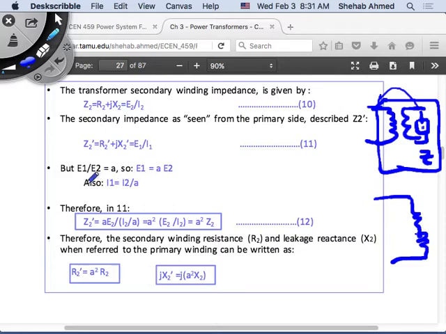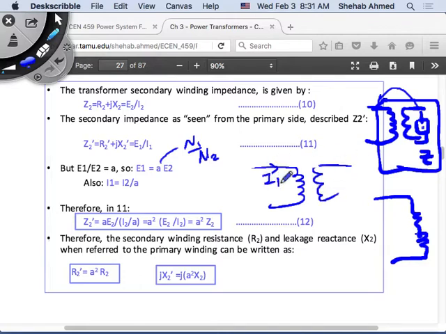We know that E1 over E2 is equal to A, which is equal to N1 over N2. That's the turns ratio, the primary over the secondary. So E1 is equal to A times E2. And then I know that the currents and voltages are inversely proportional across the transformer. I1 is the current on the primary side, and I2 is the current on the secondary side.